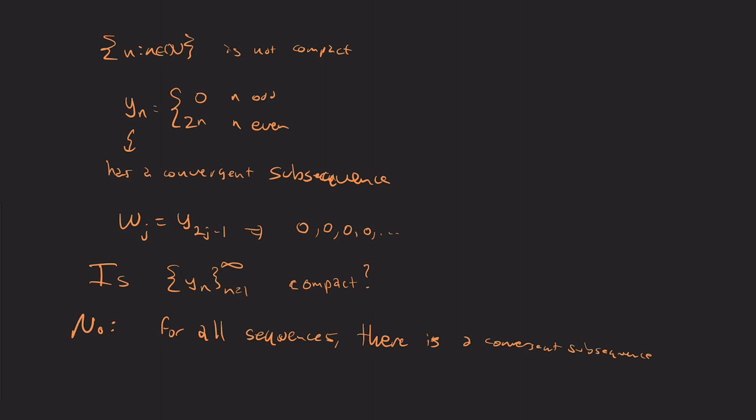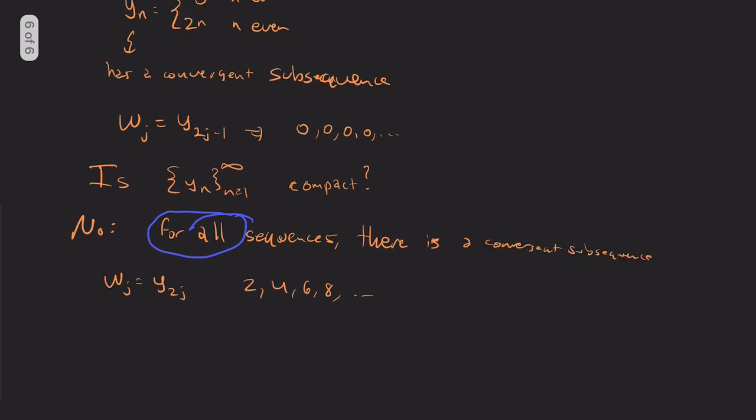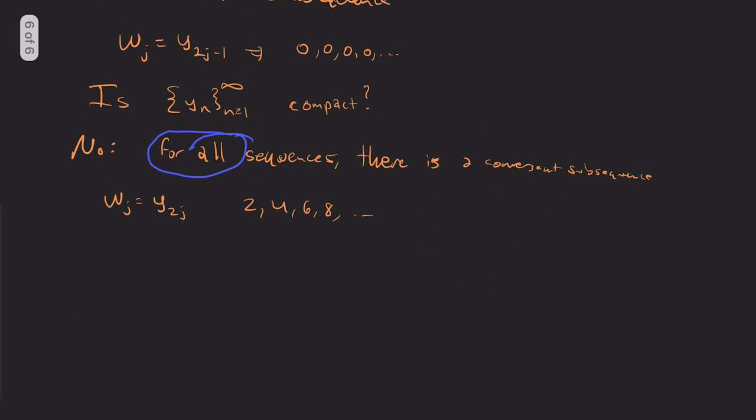So the point is we have a for all sequences here. Namely, if I now choose w_j is y_{2j}, then this is the sequence 2, 4, 6, 8, and so on.